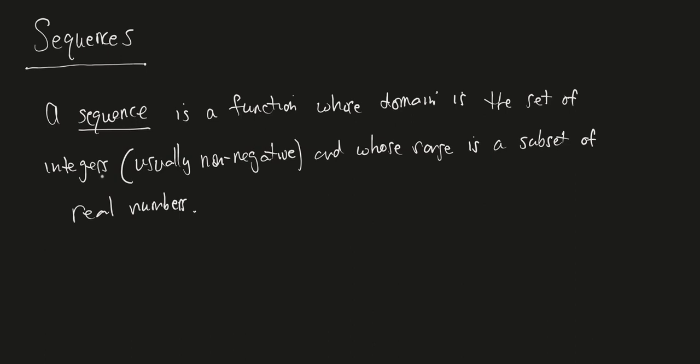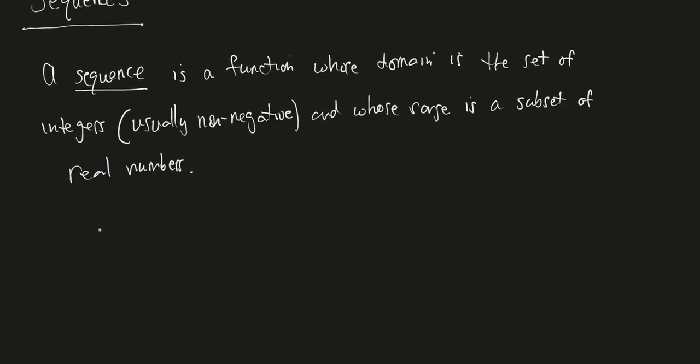So you'll never get a sequence like plugging in 1/2 or pi into a sequence. The only numbers you can plug into a sequence, the ones that are in its domain, are integers, and usually non-negative.